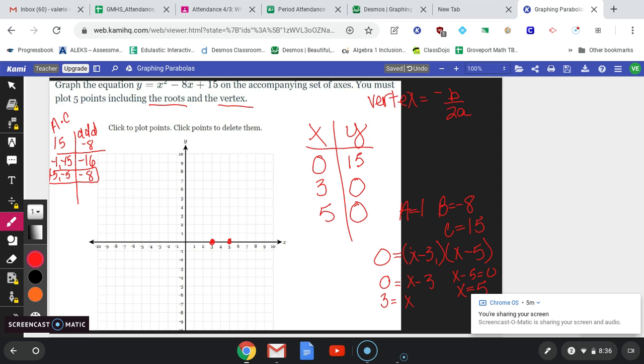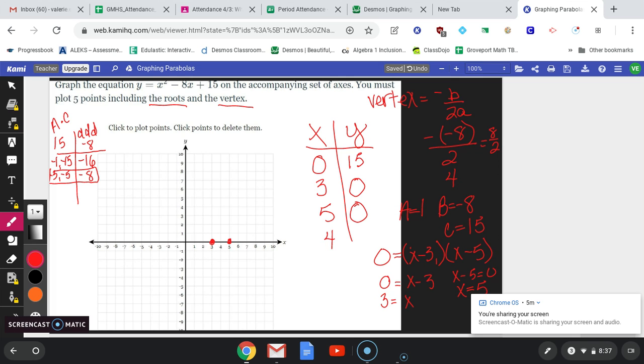So there I have my b and my a. So I'm just going to put negative of a negative 8 over 2 times a, which is 2. So negative of a negative 8 is a positive 8. So that's 8 over 2. So 8 divided by 2 is 4.